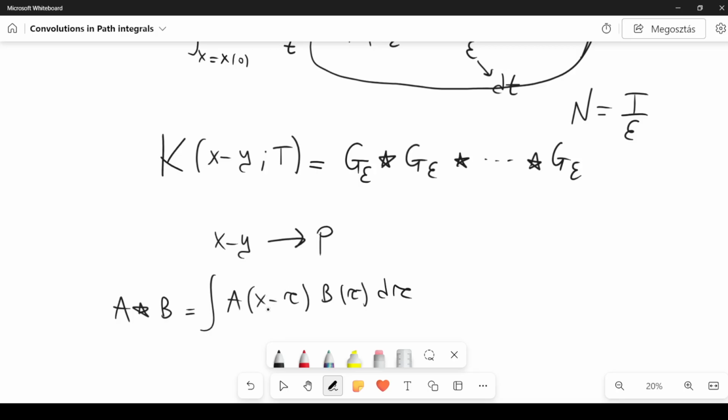Basically it's the sum of these two arguments: x minus tau plus tau, which is equal to x. And by replicating this kind of reasoning here, what you're going to get is x minus y. This is a property of convolutions.